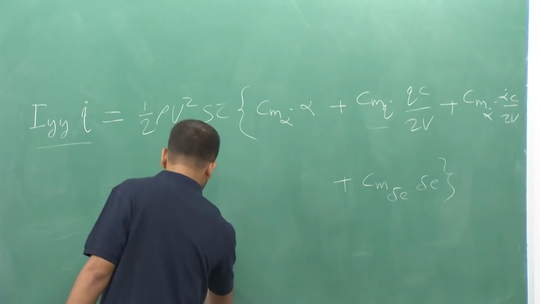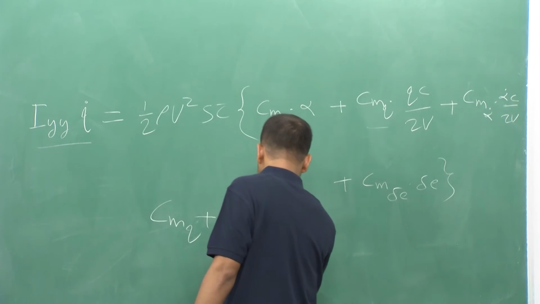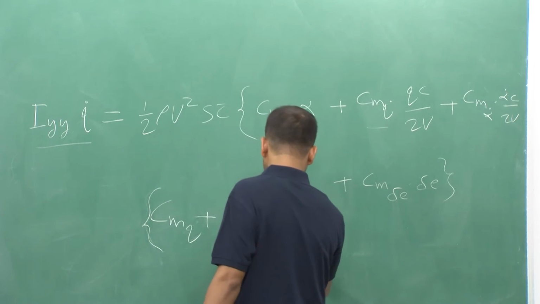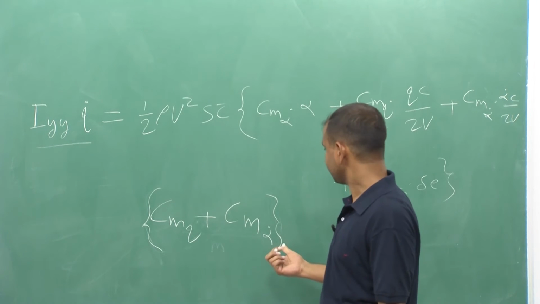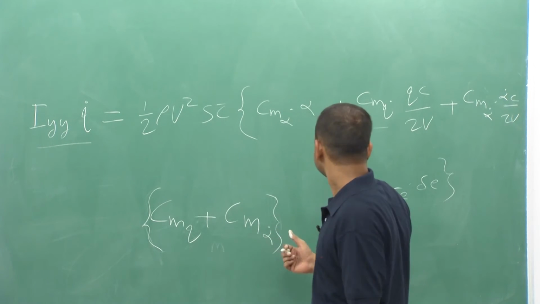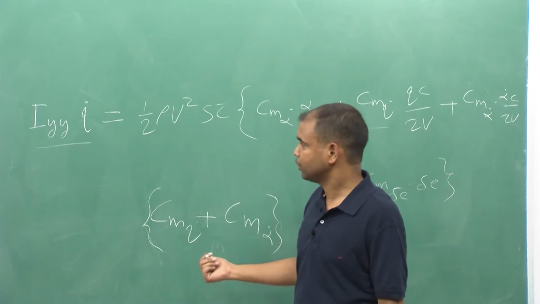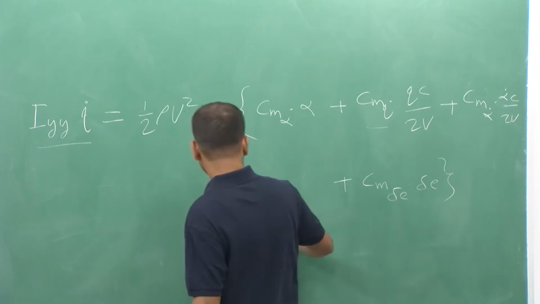So, you can see these two terms, Cm q and Cm alpha dot, produce a moment on the aircraft which is proportional to the velocity, and that is why ultimately this will act as a damper. This will generate the damping effect in the pitching motion.